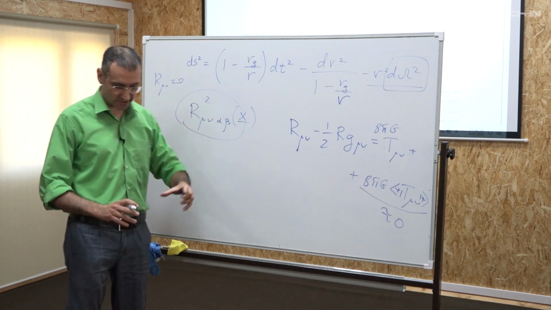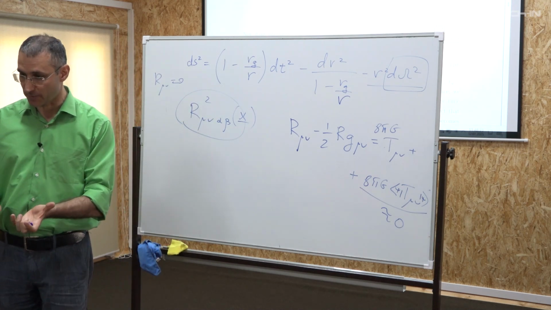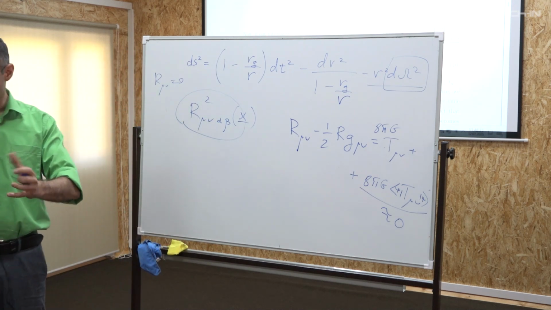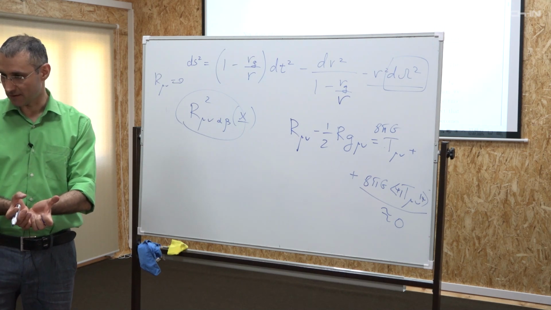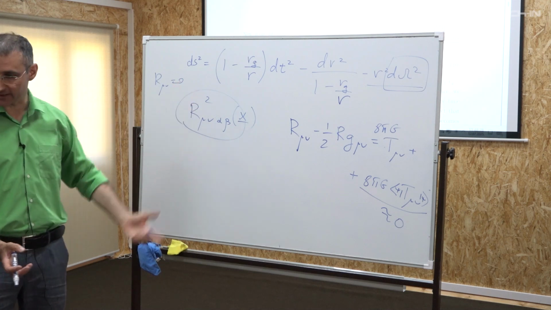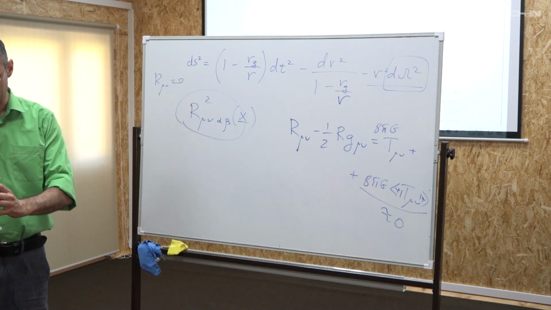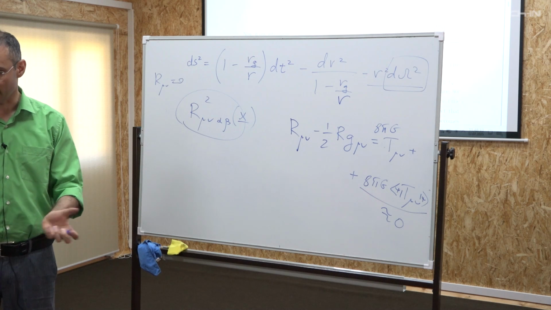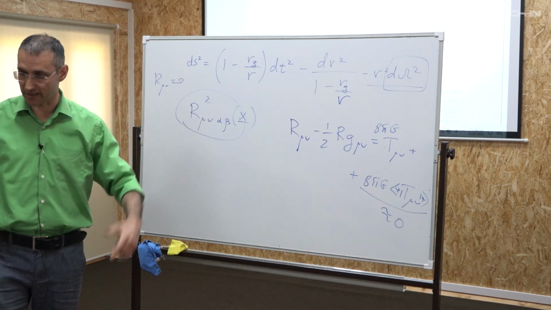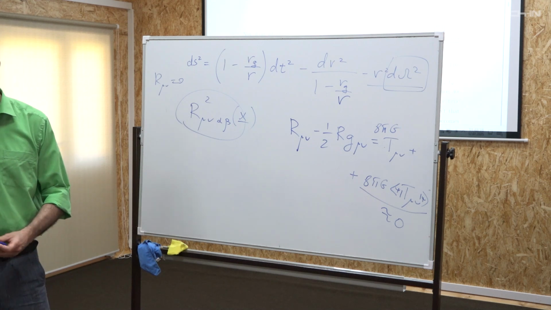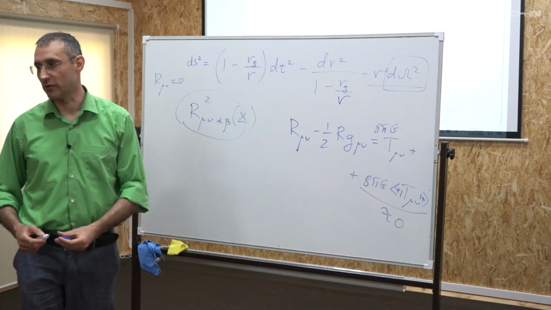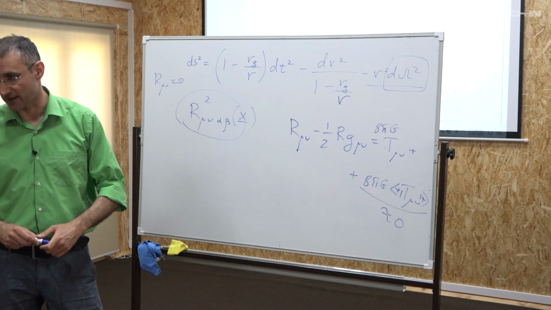metric describes the gravitational field of any spherical body beyond its position. For example, a spherical star that doesn't rotate will have this gravitational field outside of it. Inside, you will have a different metric. There is a so-called inner solution, which mimics the metric of the star.